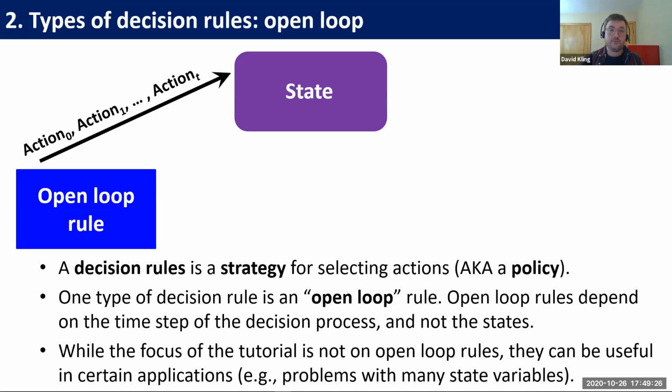So one type of policy is an open loop rule, where your action typically just depends on the time date of the process, and we're essentially always thinking about a dynamic decision problem. I should emphasize the time date of the process, this year, next year, and so on. Importantly, it doesn't depend on the state variables in a way that I'm going to talk about coming up next.